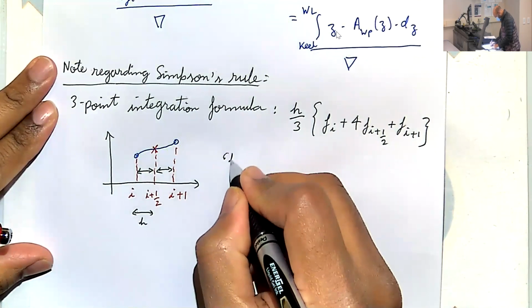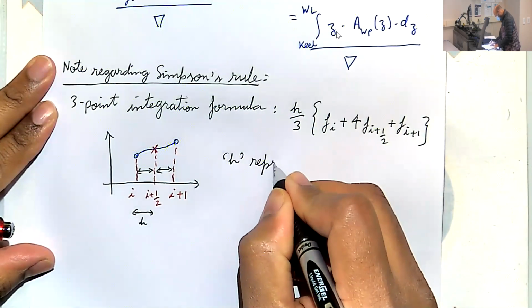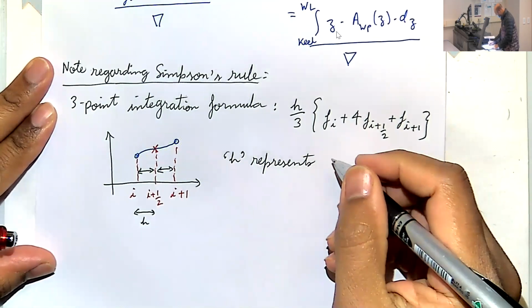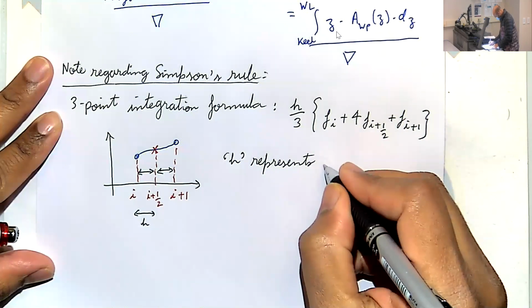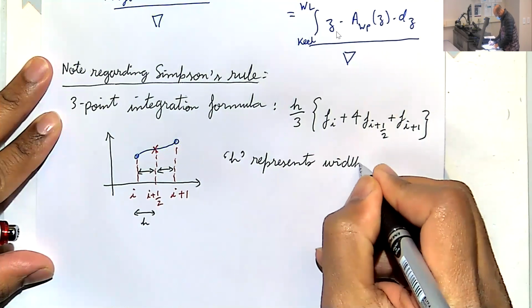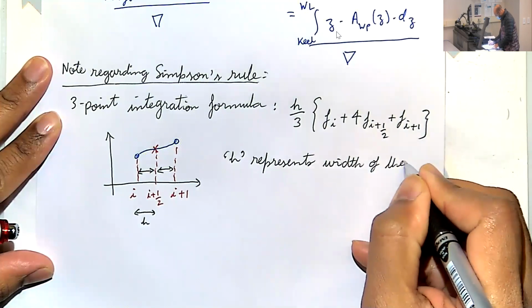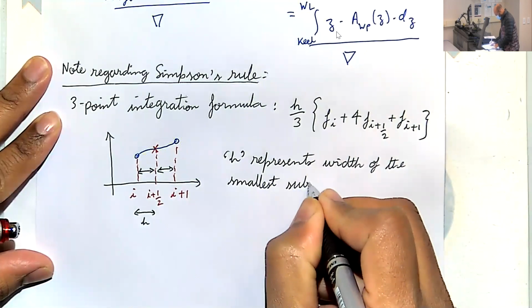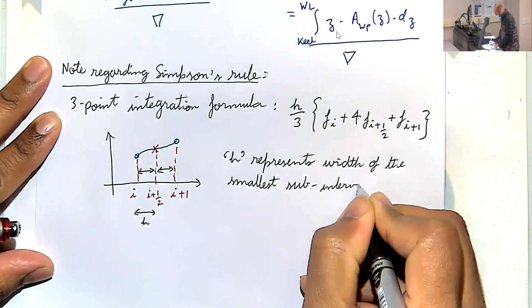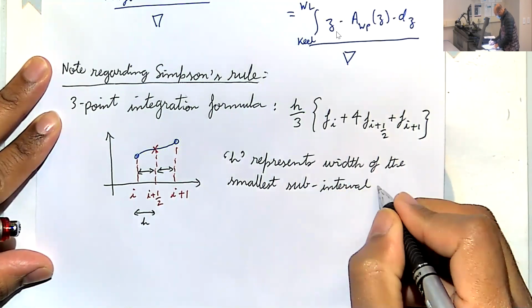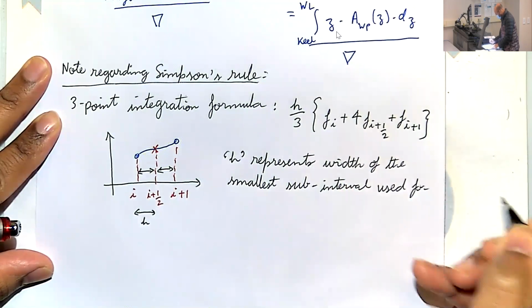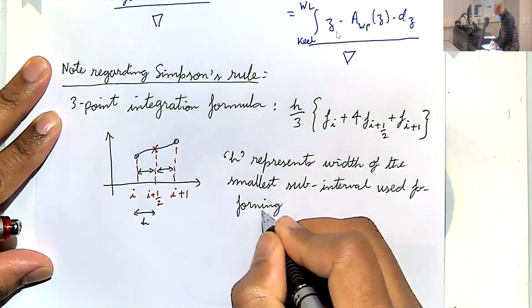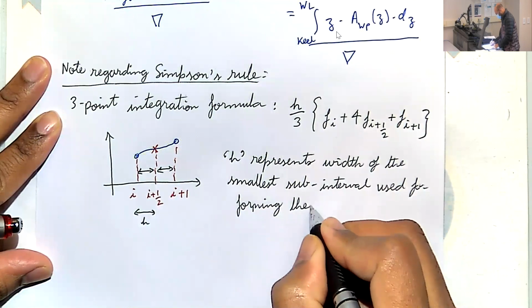So h here represents the width of the smallest subinterval used for forming the Simpson's rule.